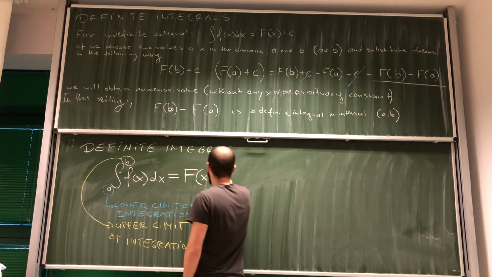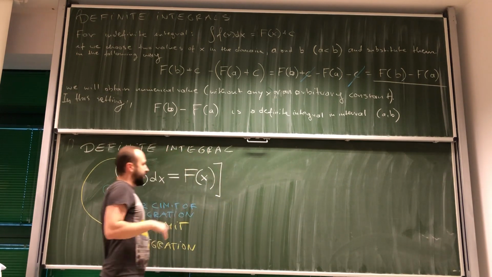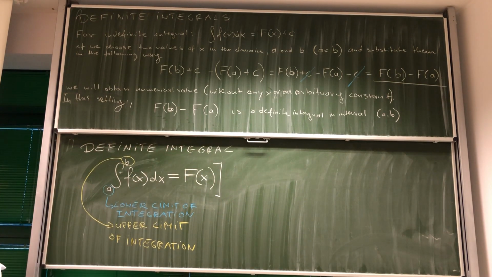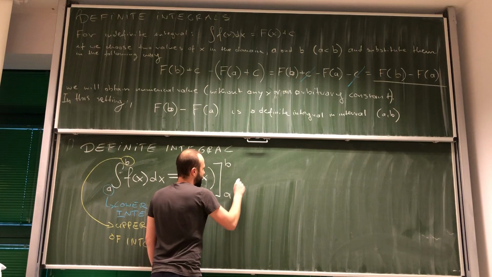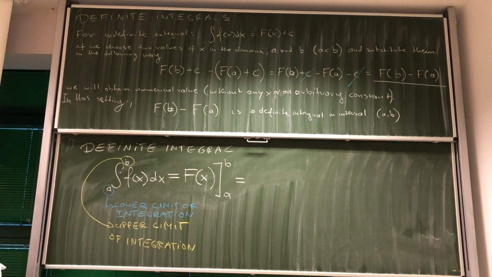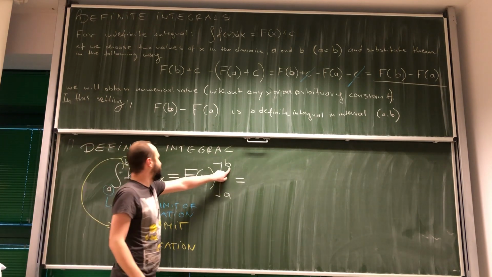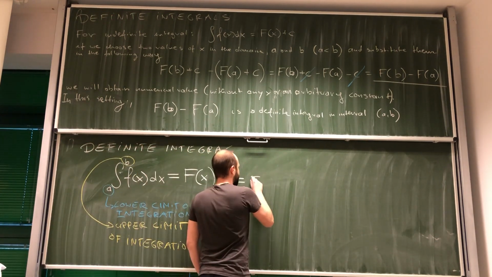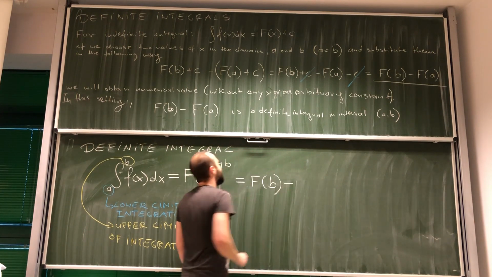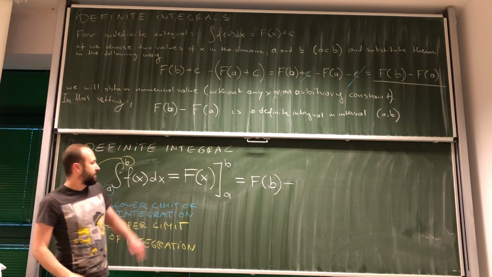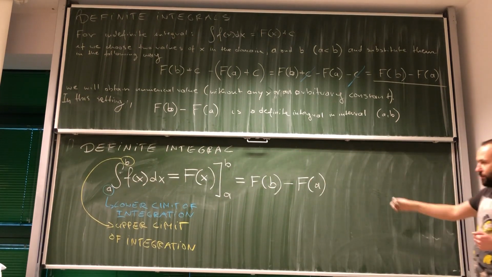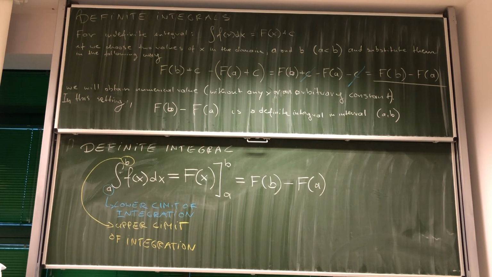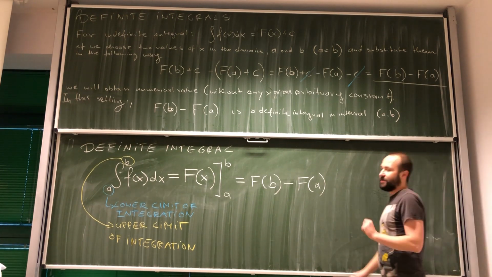But what we are adding here is this half bracket, let's call it like that, and here we're gonna put b and a. And look, in the last step, what we are going to do is to substitute b inside f of x, write it here, and then from this we're gonna subtract f of a. And look, the outcome of this is going to be a numerical value, a number. And this number will have a very, very meaningful interpretation.